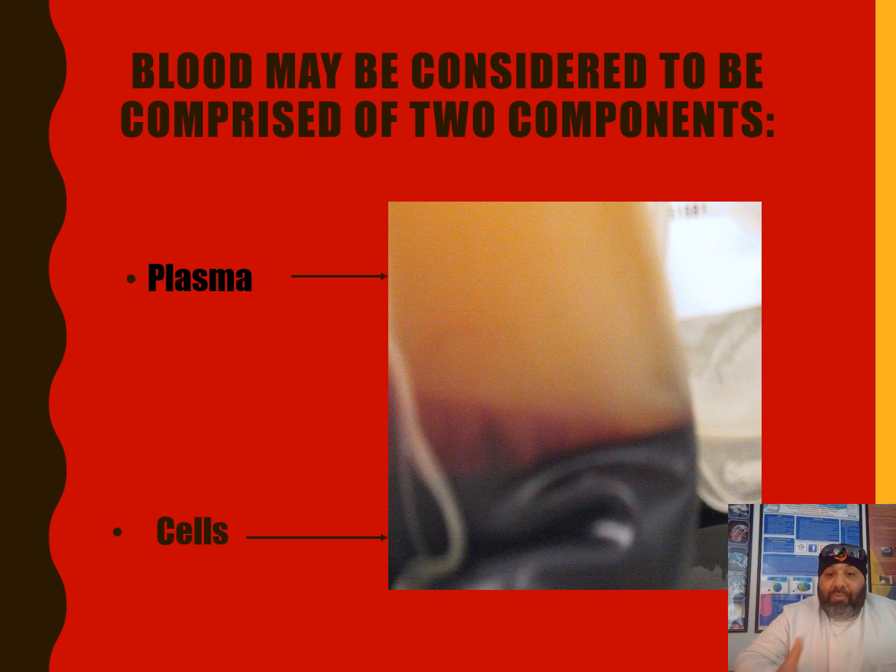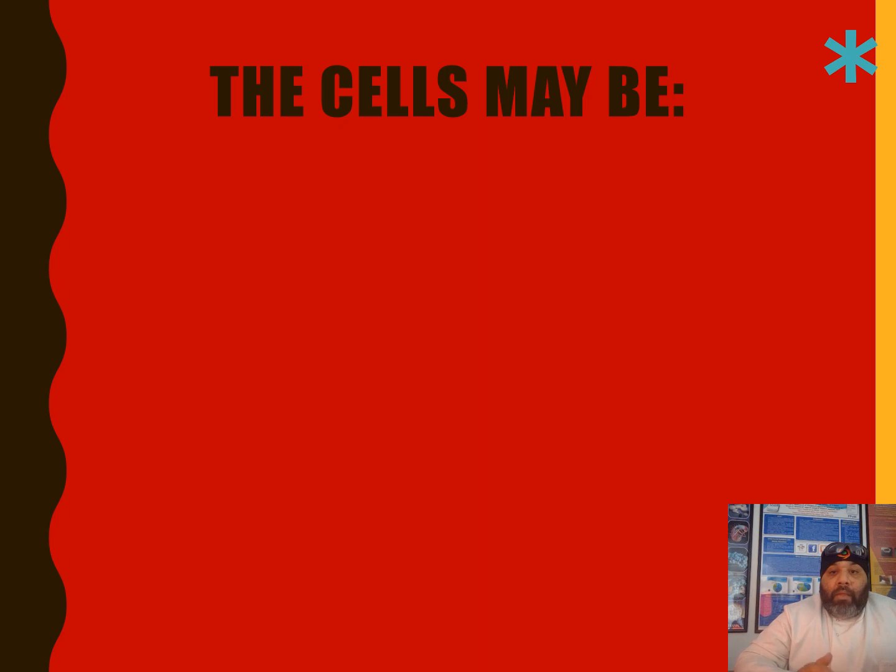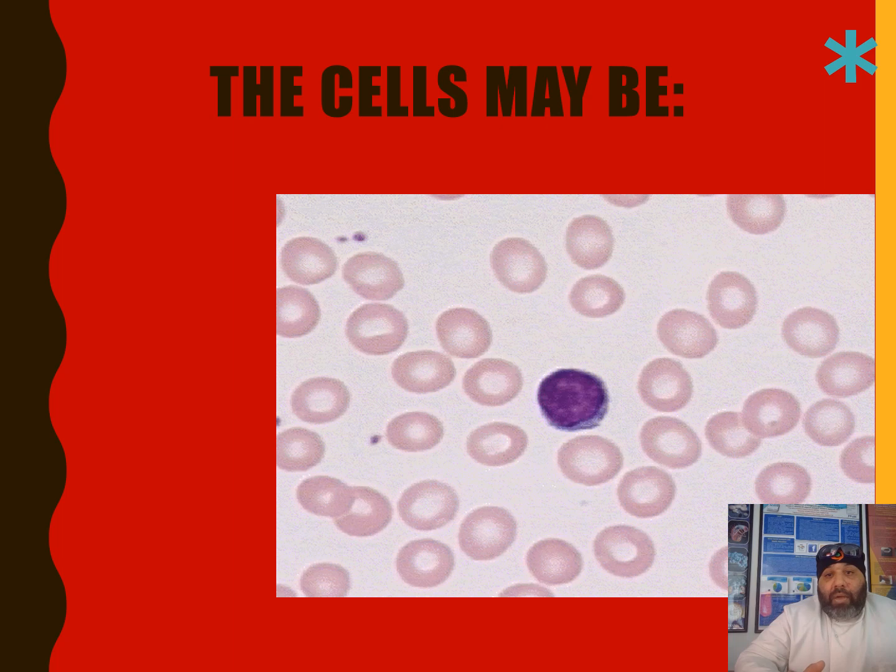In this photo example, red cells have been separated from plasma. So on the next slide, I'm going to talk a little bit about the cells from a microscopic, or hematological, point of view, from a morphological perspective. The smallest cells under microscopy are known as platelets.